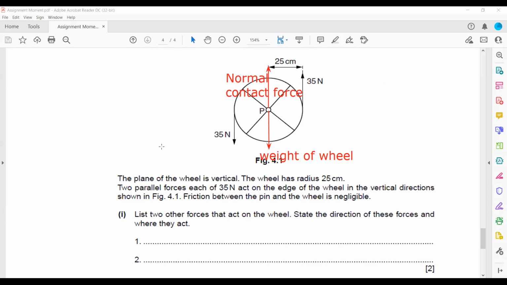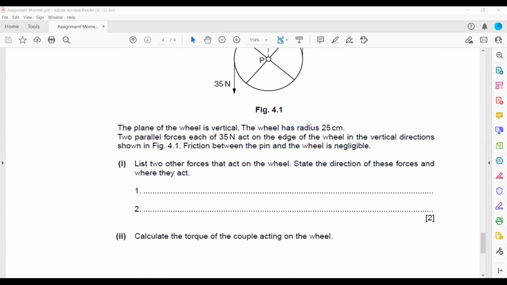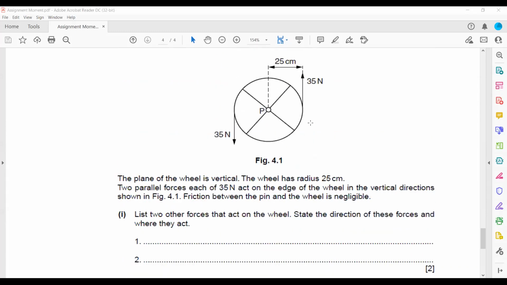The next part: calculate the torque of a couple. So how do we calculate the torque of a couple? It's a direct formula. The resultant moment when two torques are in the same direction by identical forces is known as the torque of the couple.